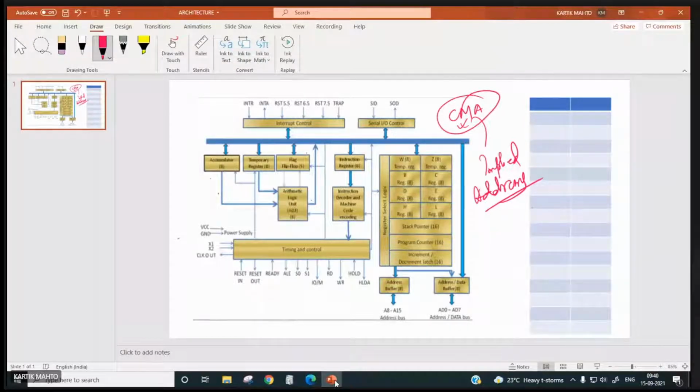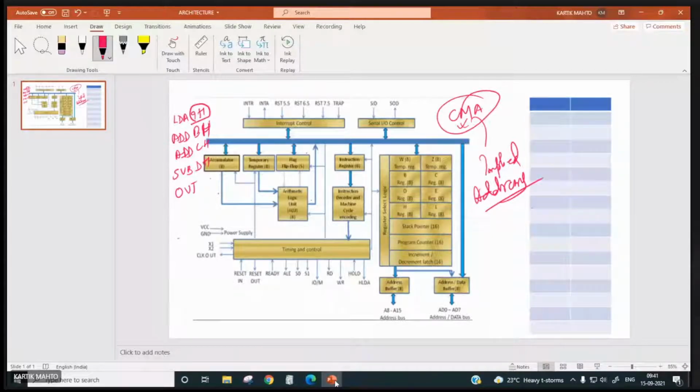So in SAP-1, what are the instructions we have? LDA 9H, this type of instruction was there. ADD BH, ADD CH, SUB DH, OUT, HLT.